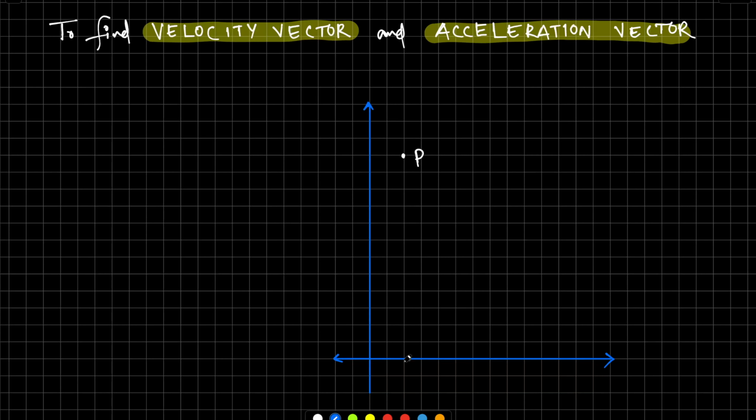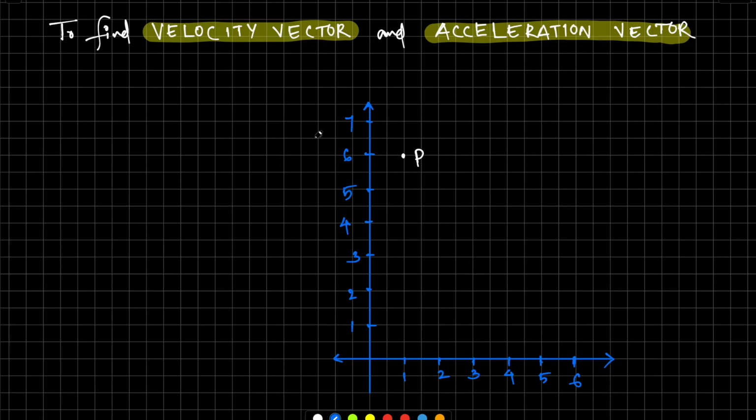I'm going to mark some points. This is 1, 2, 3, 4, 5, 6. 1, 2, 3, 4, 5, 6, 7.